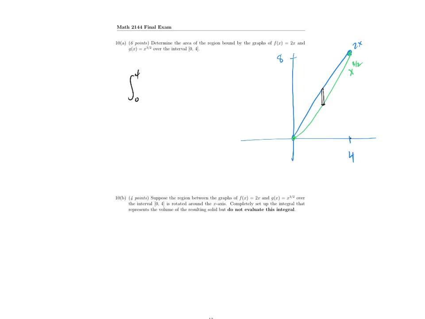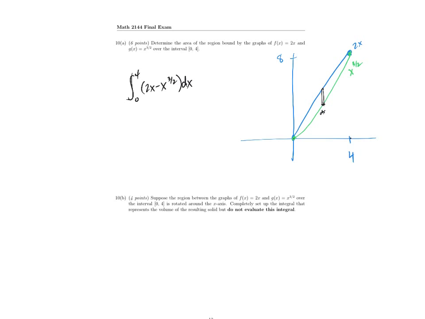The width of my slice is my dx, and the height of my slice is going to be 2x minus x to the 3/2. So that's the height of my slice, and then the width of my slice is dx, and then I'm adding up all the slices from x equals 0 to 4.